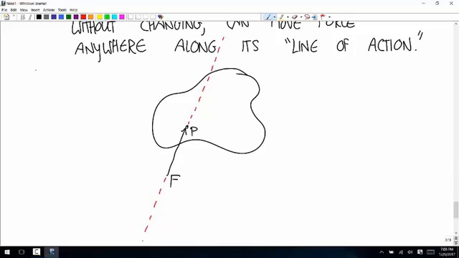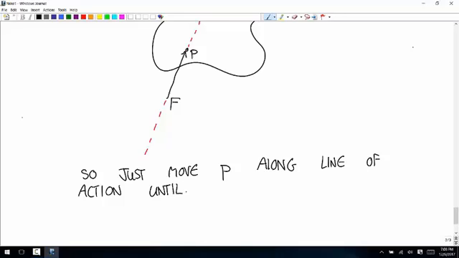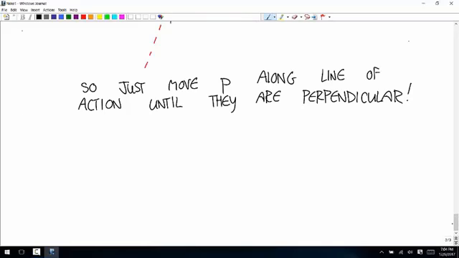So if the force vector isn't perpendicular to the line between P and A, just move P along that line of action until they are perpendicular. Any questions about that? I'll do an example.